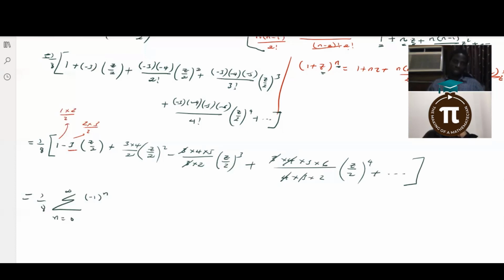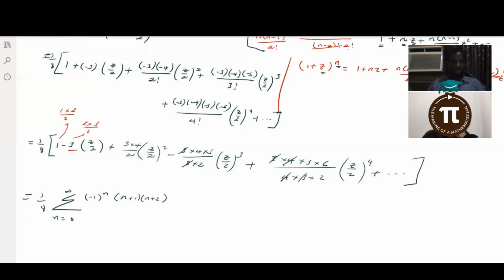So basically, the coefficient is, I'm using n, not k, n plus 1 multiplying n plus 2. Since my n starts from 0 and I have 1 multiplied by 2, I have to do n plus 1, because if you put n to be 0, 0 plus 1 is 1, 0 plus 2 is 2.